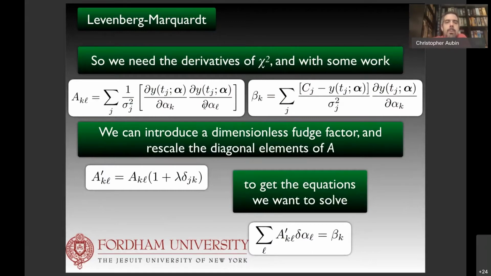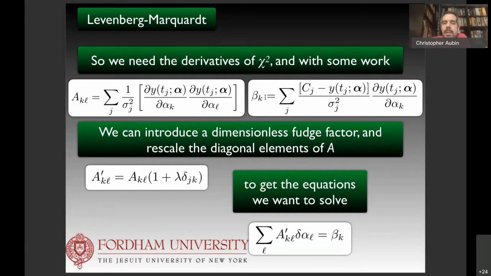The k and l will run over the number of parameters, and I've been very lax about putting down variables here just because keeping track of variable names is always a pain in the butt, isn't it? Now remember, this matrix A is the same matrix you would define in a linear fit, but the difference, as I said, is that these partial derivatives have likely a dependence on alpha still. So we have to be very careful in doing this procedure.